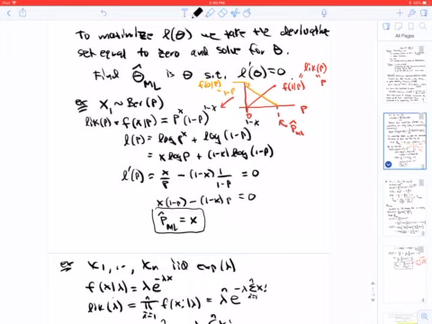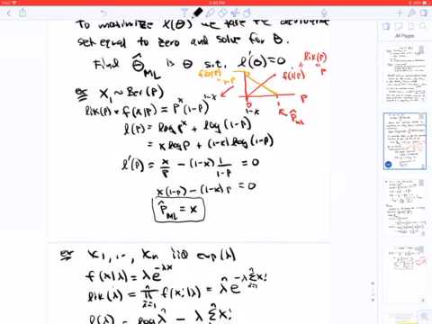If x is 1, then your mass function is P, and if x is 0, then your mass function is 1 minus P. So we take the log of both sides, we take the derivative, and we find the ML estimator is x.